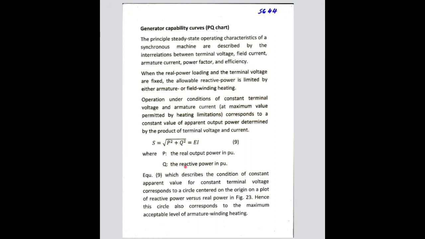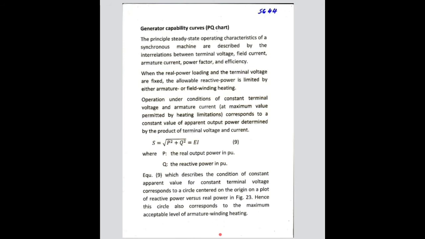So this equation is giving you the equation of a circle. Obviously, the radius of the circle is E times I, right? Where E is your vertical axis and Q is the horizontal axis.